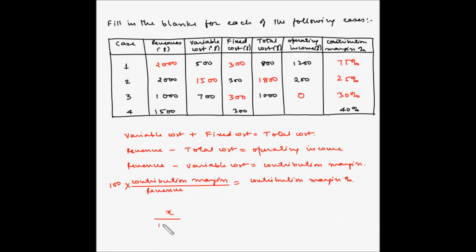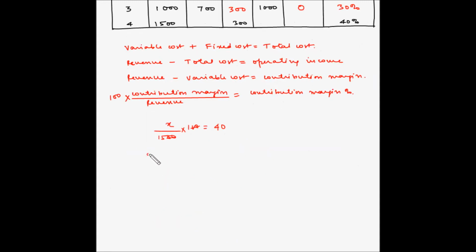Revenue is 1500, multiplied by 100 is equal to 40. So these two zeros get cancelled with these two zeros. So x is equal to 40 multiplied by 15. 15 fours are 60. So this is $600. So the contribution margin is $600.